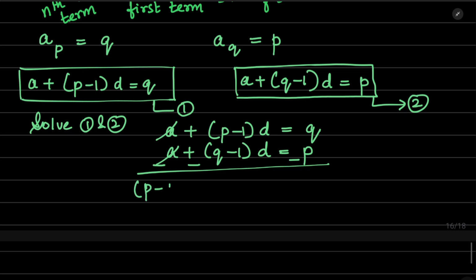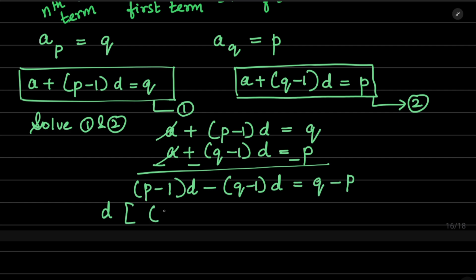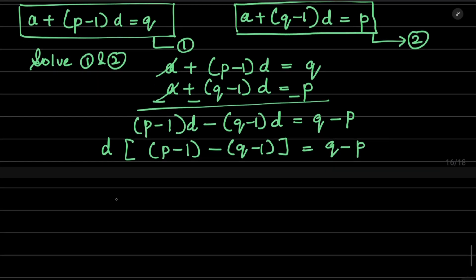So here you have P minus 1 into D minus Q minus 1 into D is equal to Q minus P. Take D common. So inside you will have P minus 1 minus Q minus 1 is equal to Q minus P. Now, open the bracket.